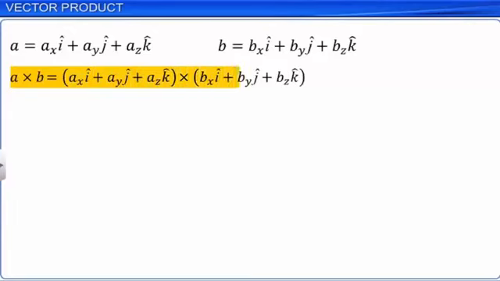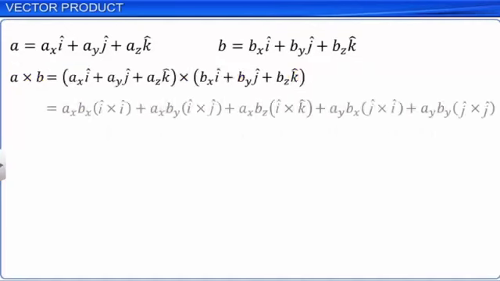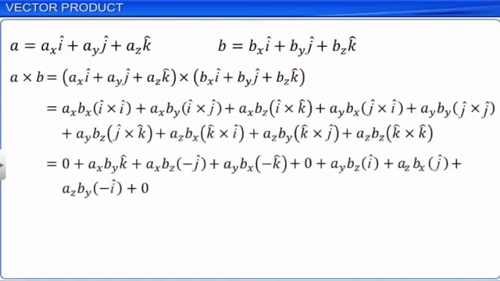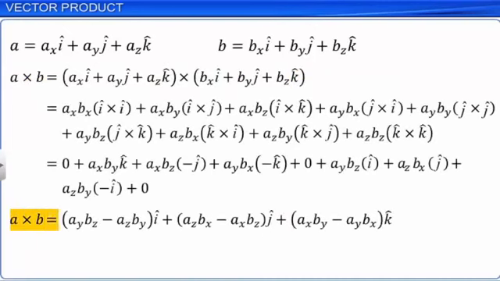Upon solving and simplifying, we get A cross B is equal to (AY BZ minus AZ BY) i plus (AZ BX minus AX BZ) j plus (AX BY minus AY BX) k. In determinant form, a vector product can be represented as shown.